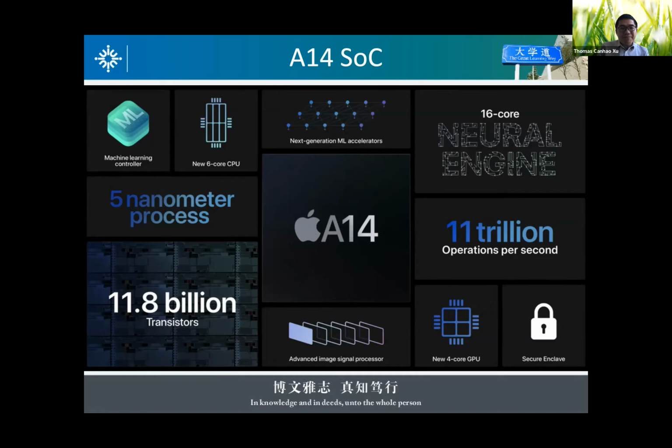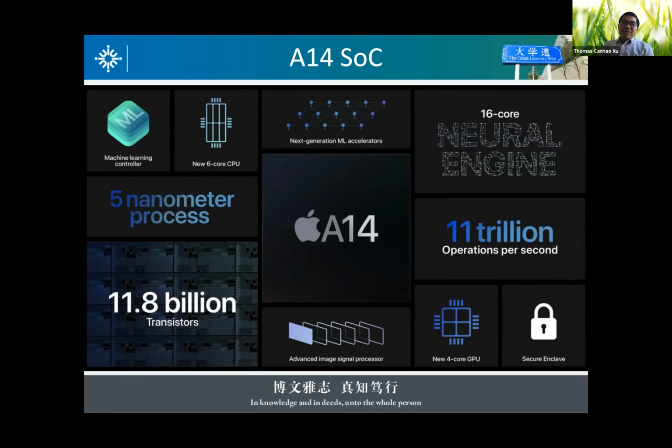It can enhance the processing speed of machine learning and matrix multiplication operations. So what's the performance here? As you can see, they can achieve 11 trillion operations per second for a mobile processor. So this A14 SoC is really powerful for your phone. Only with your iPhone you can get such kind of speed.